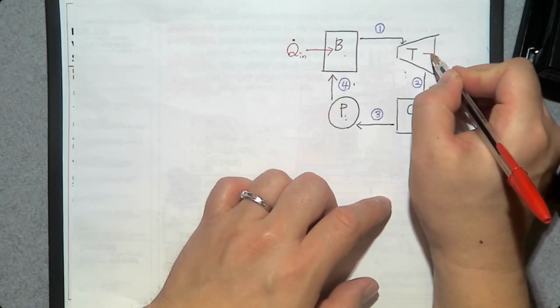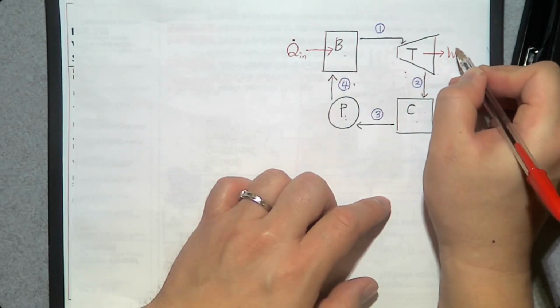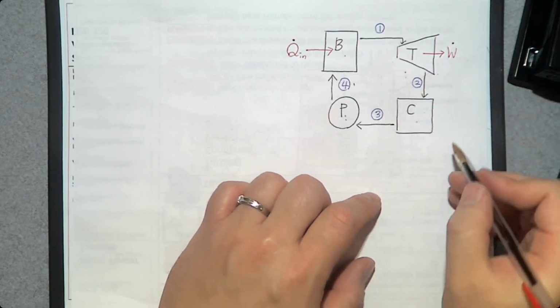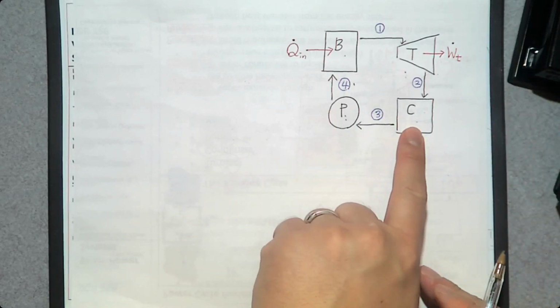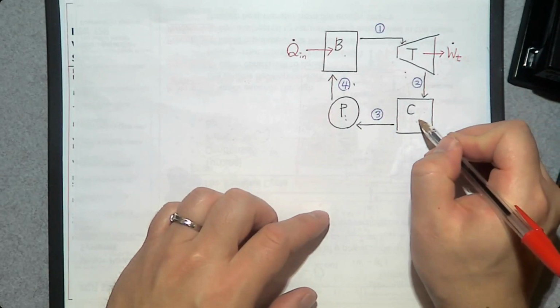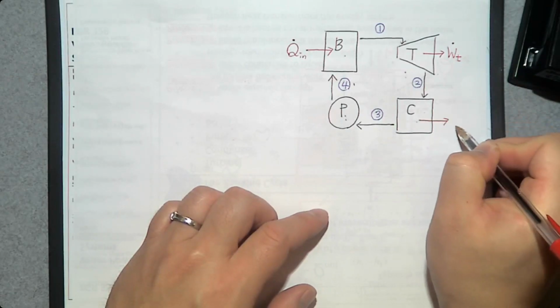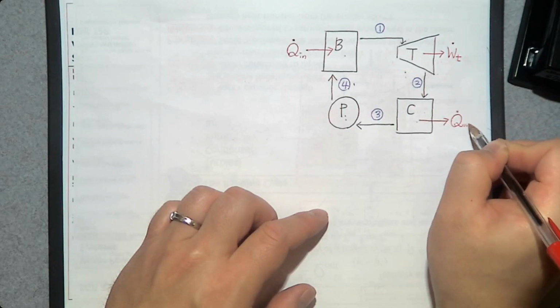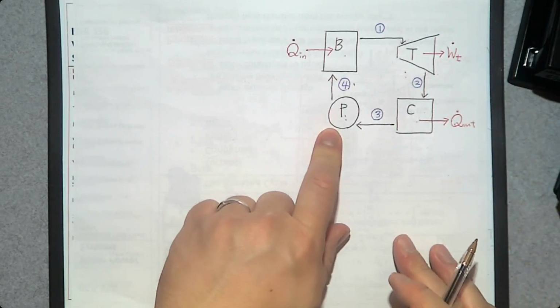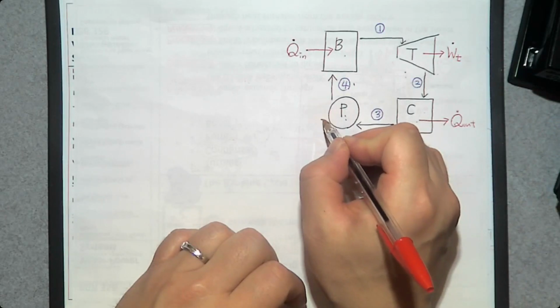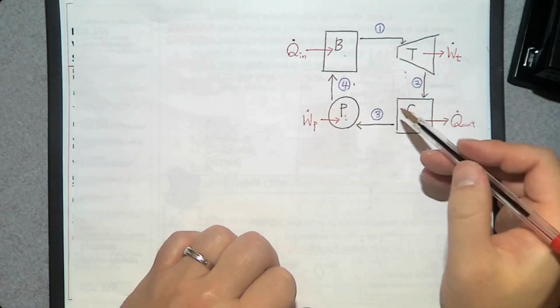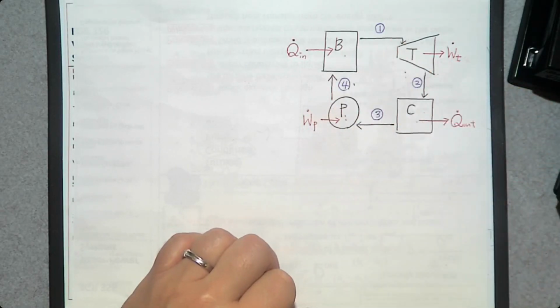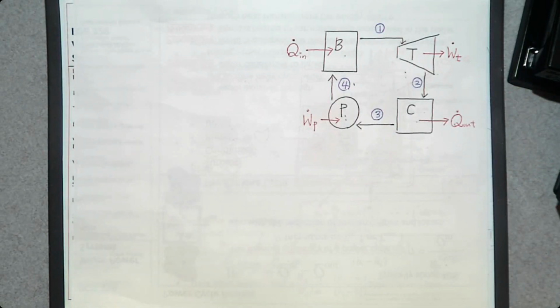And from this turbine, we produce this power W dot out, but this is from the turbine, so we are going to say W dot T. And in this condenser, we are going to reject any waste heat to the outside, so we have Q dot out. And in this pump, we are absorbing power, that is pumping power, W dot P, so that we can maintain this Rankine cycle.